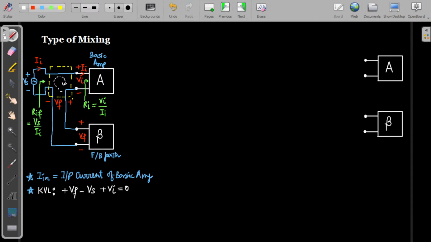So from this we can find the value of VI, which is the input voltage to the basic amplifier.